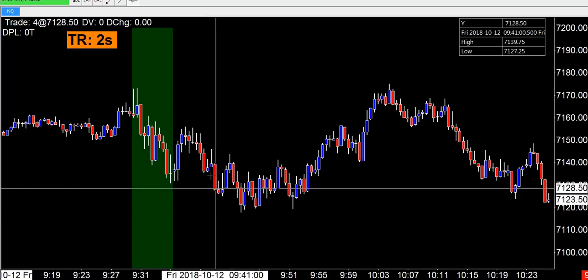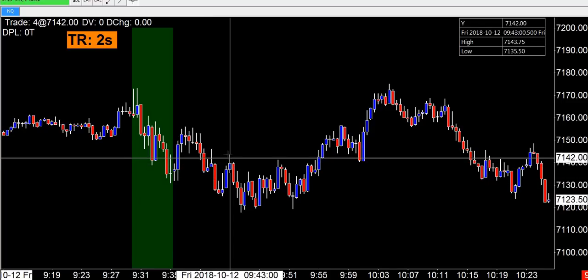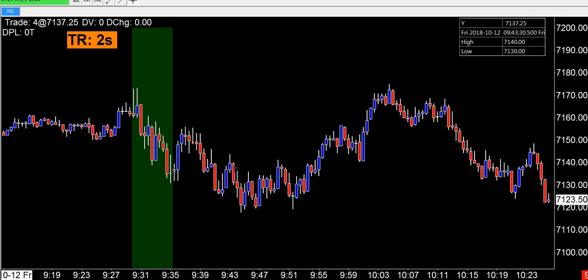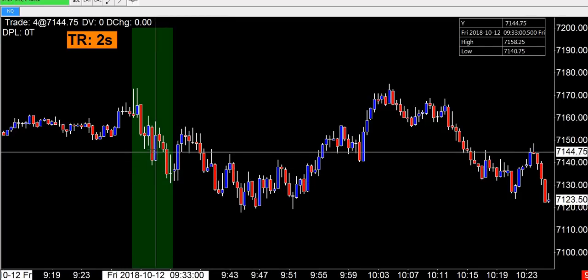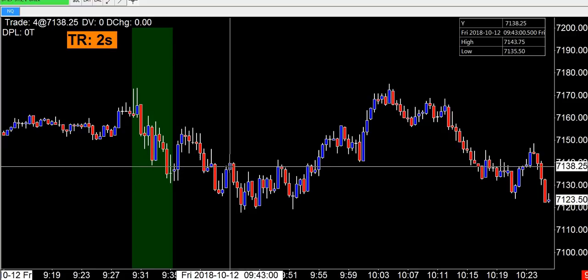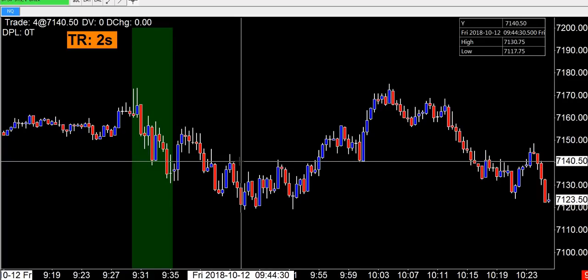Then it makes a lower low, and right over here, everything has to have a thrust bar. That's why this is a good trade, and this was a good trade. Right over here, again, this is a 40 tick candle, so the high is 43.75, come down to 40.75, which would be right there.